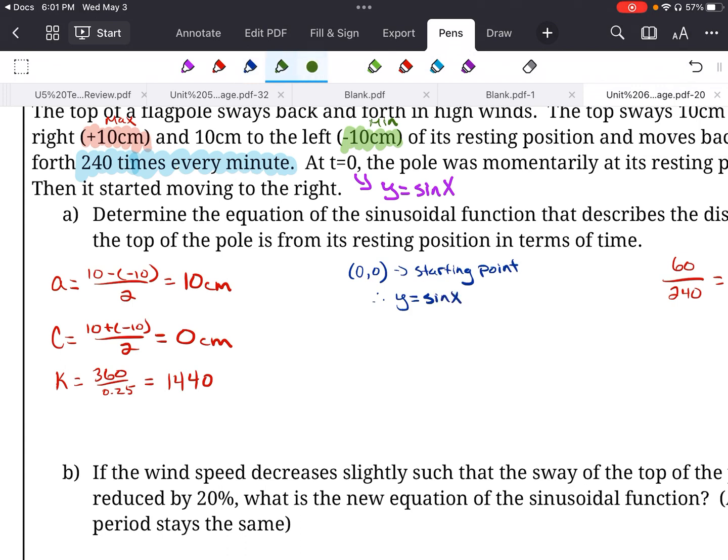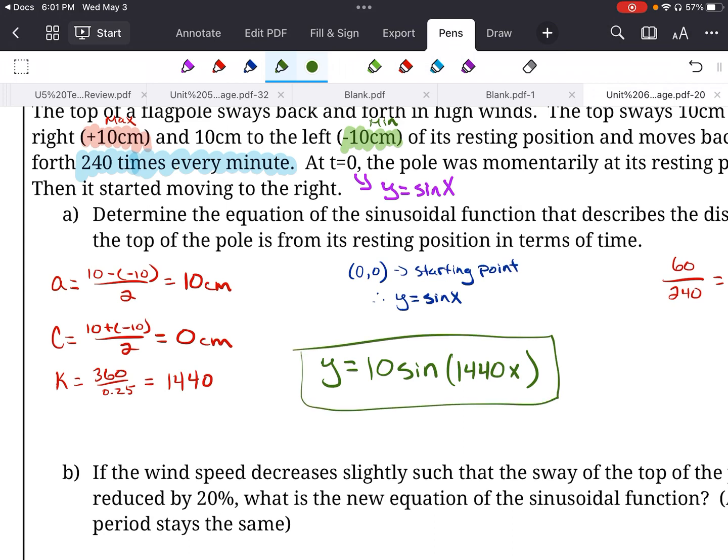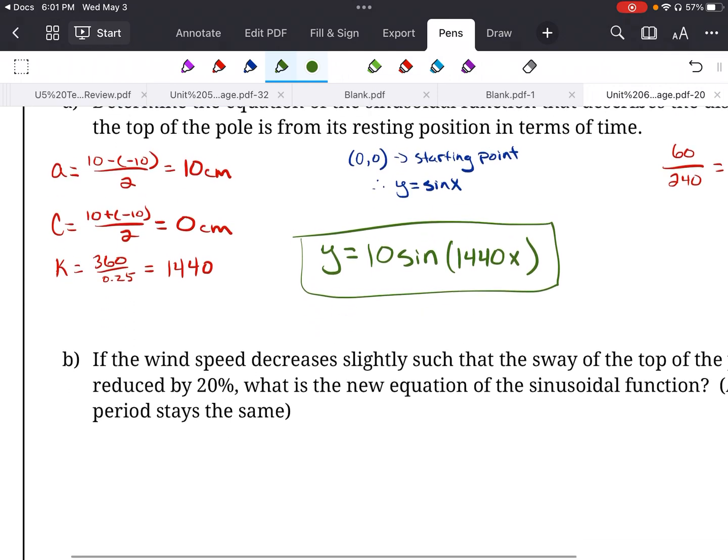So our final equation is y equals a value of 10. We're using sine. There's no phase shift, so we just put the k value in with the x, and there is no equation of axis change.